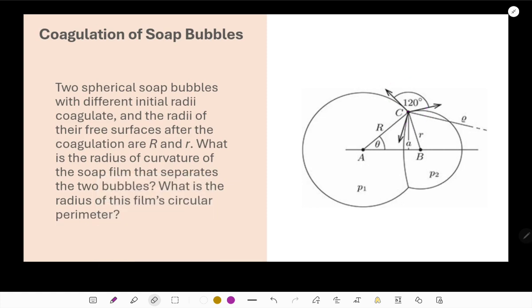If you wonder, you can see this angle will be equal to 60 degree, because two lines are merging there and the angle between them is 120 degrees. So the other angle will be simply 60 degree.